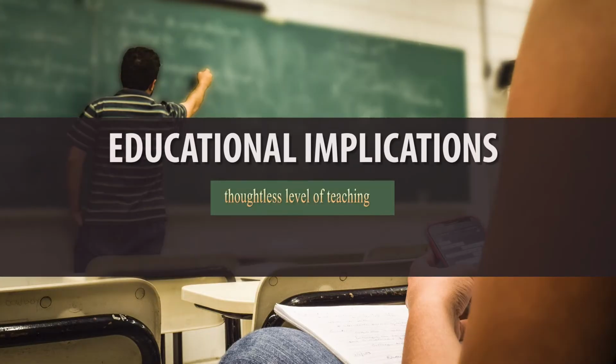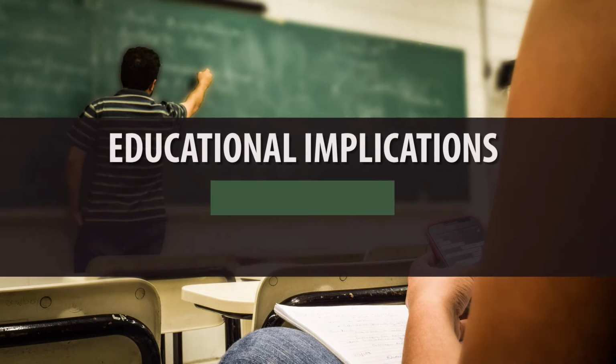The interaction between teacher and student is at the lowest. It's basically the teacher who exhibits the major role in this level of activity. Every activity at this level is governed by the teacher and no thought of the student is involved. Therefore, this level of teaching is also called the thoughtless level of teaching.